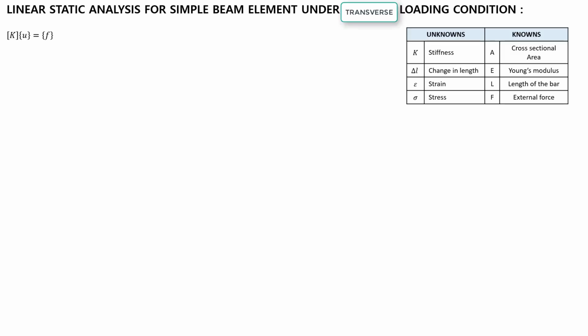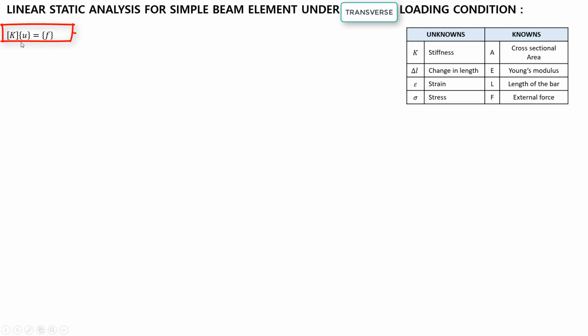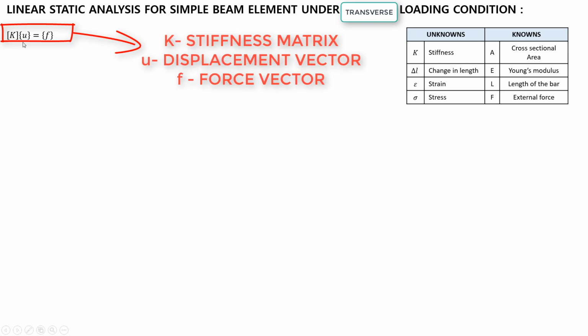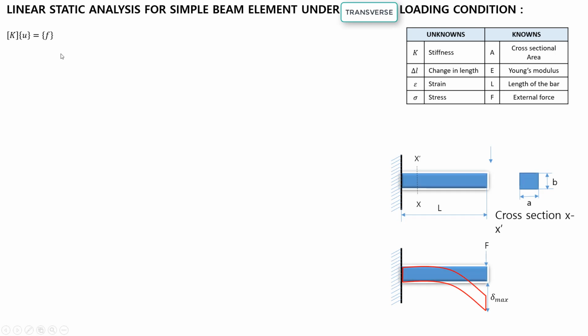Now let's get started. This is the step-by-step process in linear static analysis. You can see here Newton's law of motion, which for a linear static analysis becomes the stiffness matrix times the displacement vector equals the force vector. This is our basic governing equation.